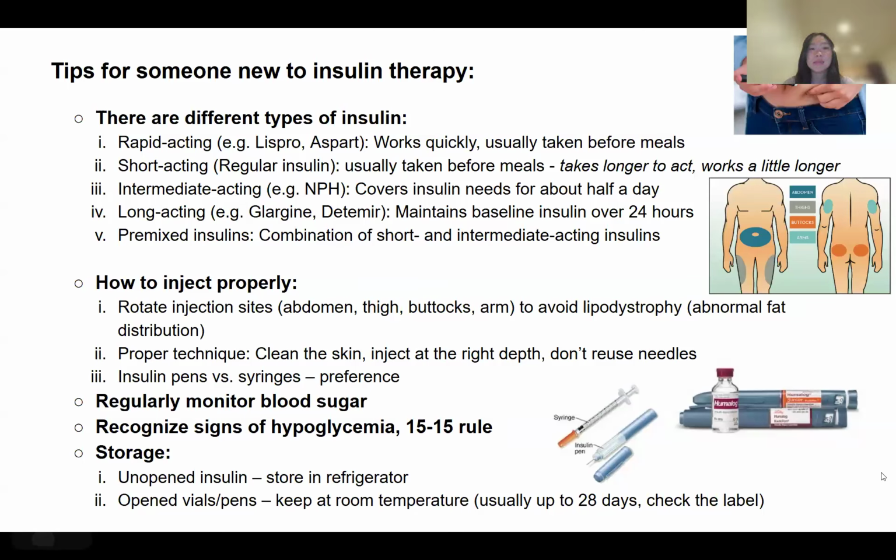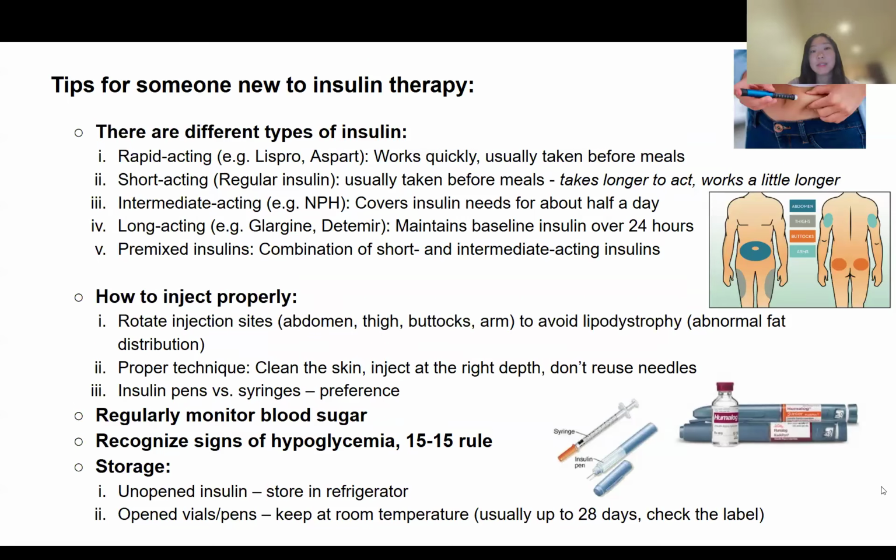So, here are some things that might be helpful to look out for in someone that's new to insulin or just starting on it. There are various different types of insulin, like Ken mentioned. Some of them are going to be shorter acting and some are longer acting.